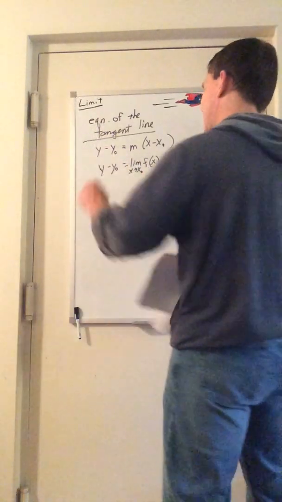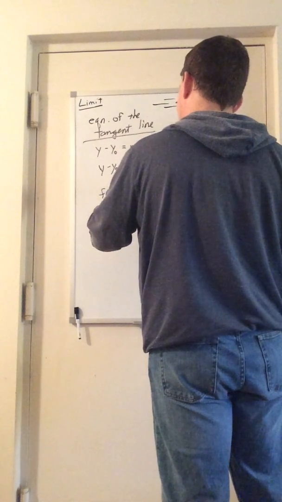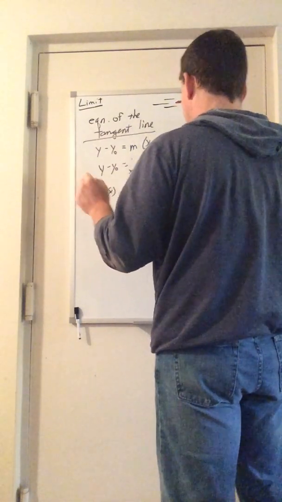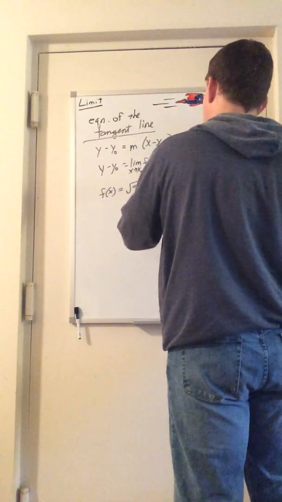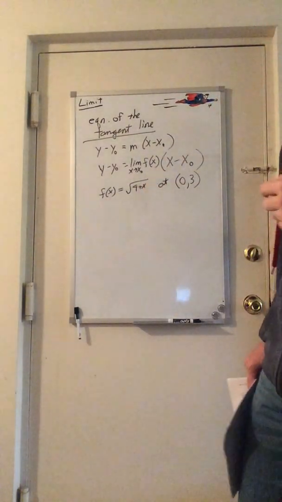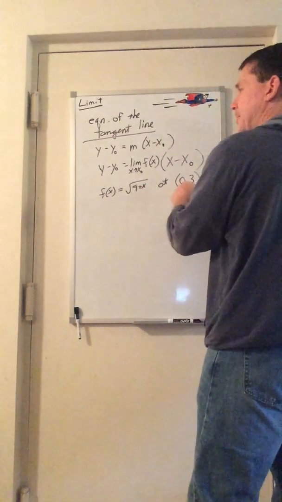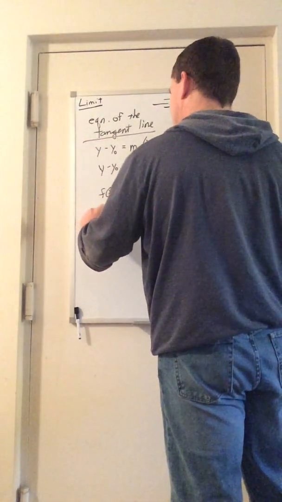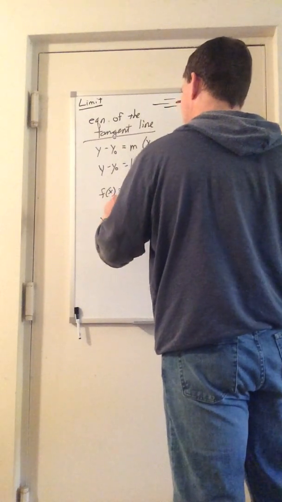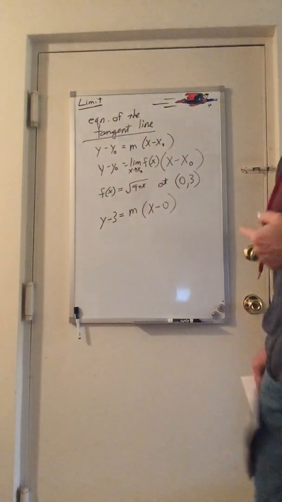For this one, I have f of x equals the square root of 9 plus x at the point 0, 3. And so right here, at the point 0, 3, I can plug in, that's y minus 3 equals m times x minus 0.